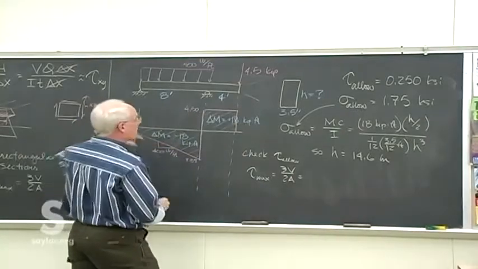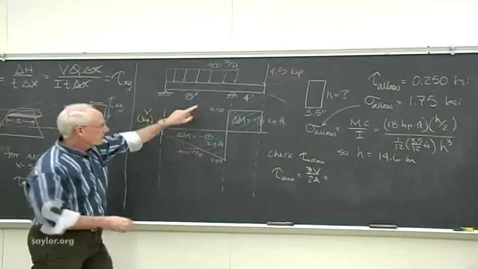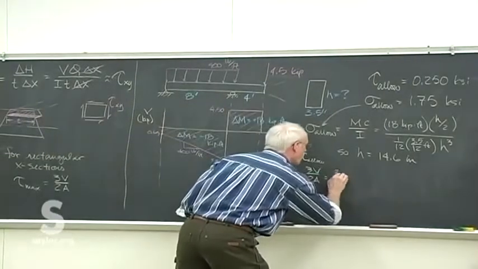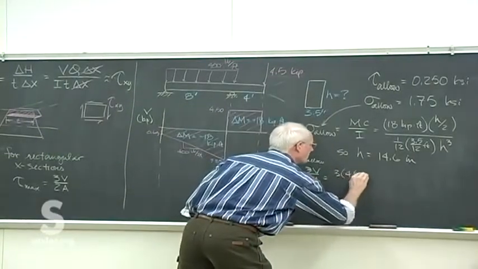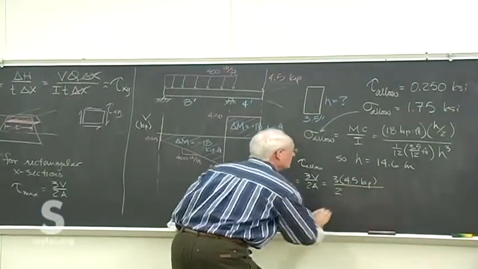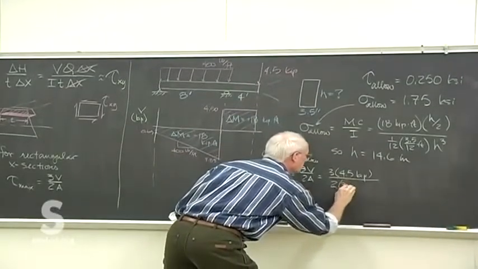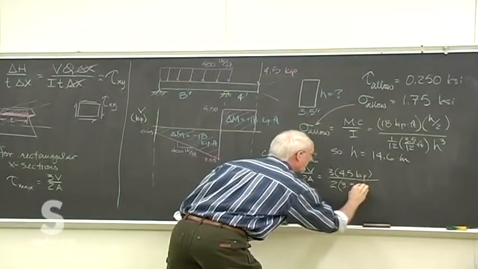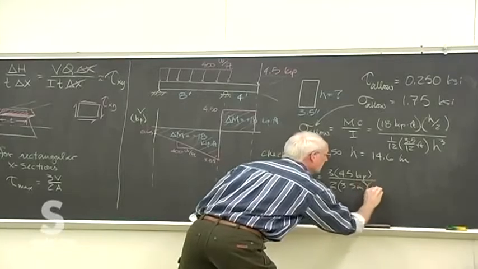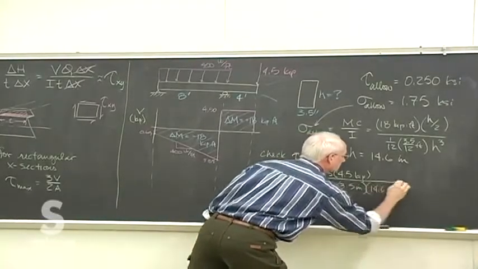And we've got the shear, the maximum shear is the 4.5, over 2. And the A, we now have at least a design area. We're checking now to see if it's adequate.